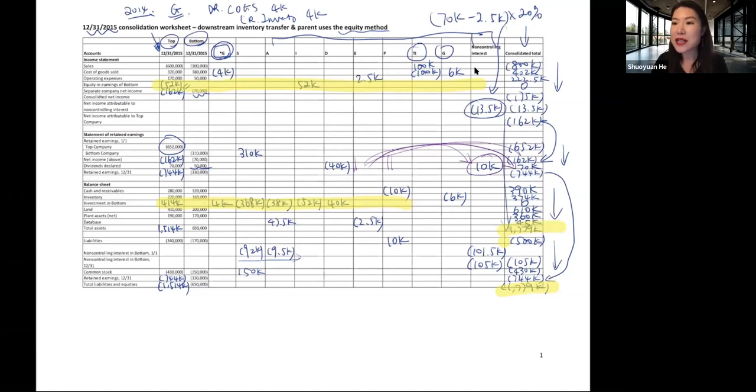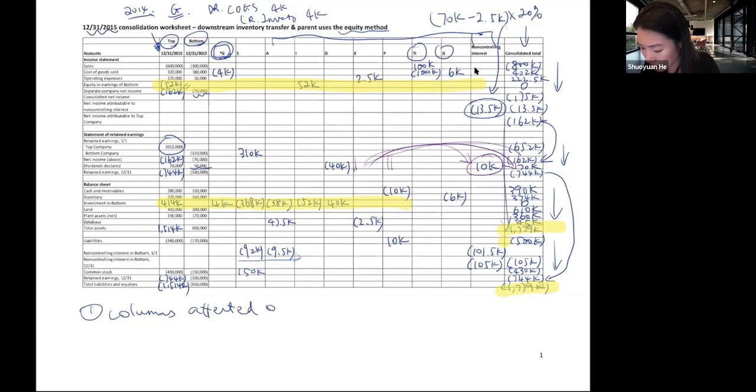And please tell me on these consolidation worksheets, which columns are unique to whether it is upstream or downstream, and which columns change depending on both upstream or downstream and the method used by the parent. So let me write it down. First, which columns change only depending on whether it is upstream or downstream: columns affected only by upstream or downstream.